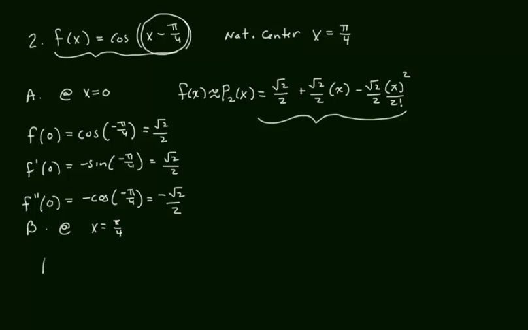So the f of x is approximately p4 of x, which equals, now I know the cosine starts off with a 1, and then it goes minus, but I'll write x minus pi over 4, I'm using substitution, squared over 2 factorial, plus quantity x minus pi over 4 to the 4th over 4 factorial, and I meant to say 4th order here, a 4th order polynomial.